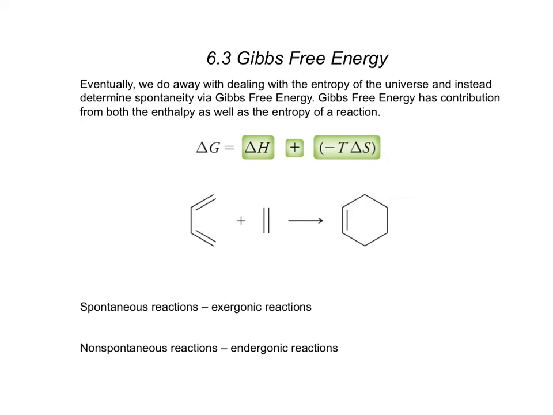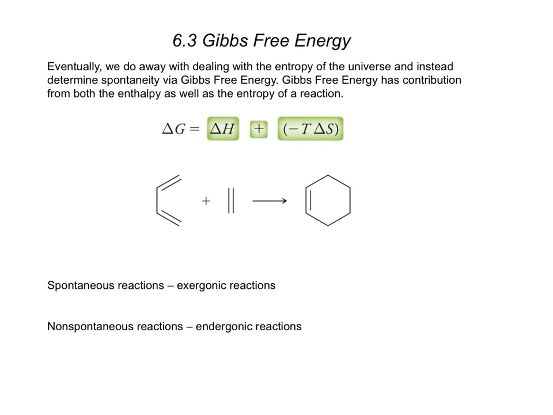Now, for Gibbs free energy, if we want something to be spontaneous, what is the sign of delta G? Negative, right? So negative values of delta G lead to overall spontaneous reactions, right? Spontaneous meaning it will happen without any outside intervention, okay? What about delta G's that were positive?